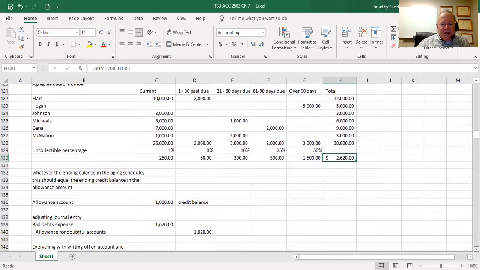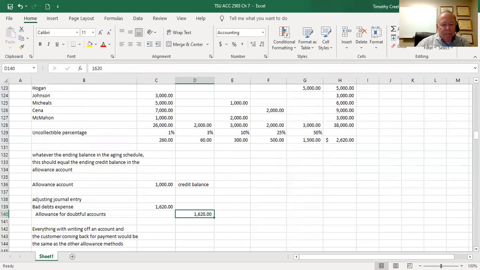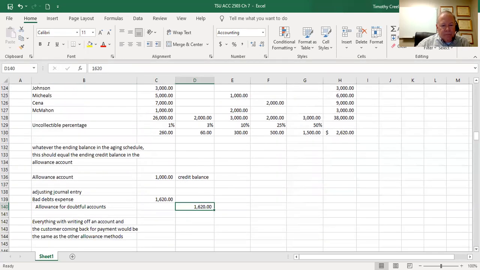So kind of going down the list here, if the allowance account had a $1,000 credit balance, then our adjusting journal entry would be a debit to bad debts expense for $1,620 and a credit to the allowance for doubtful accounts of $1,620. And it's the same thing.